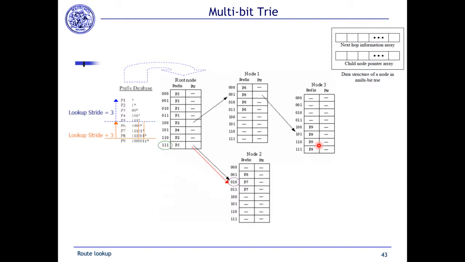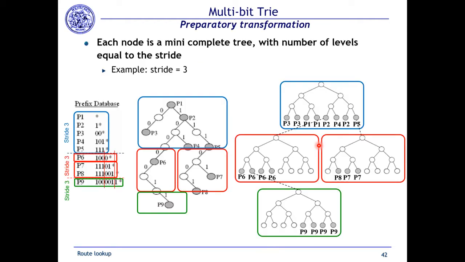Here again you have the prefix database divided according to the stride, and you simply take the outcome of this operation, reading only the bottom set of nodes, and directly copying all the values into the arrays of the nodes.